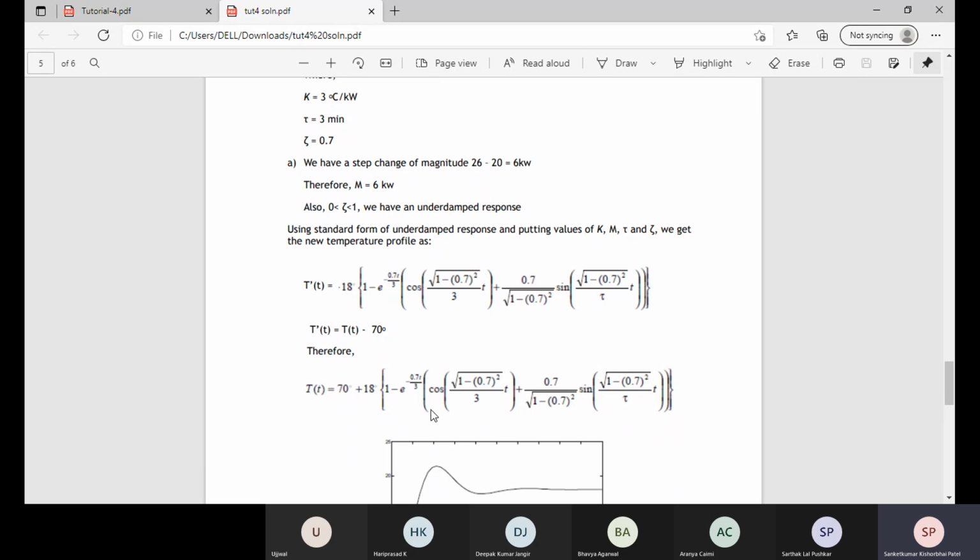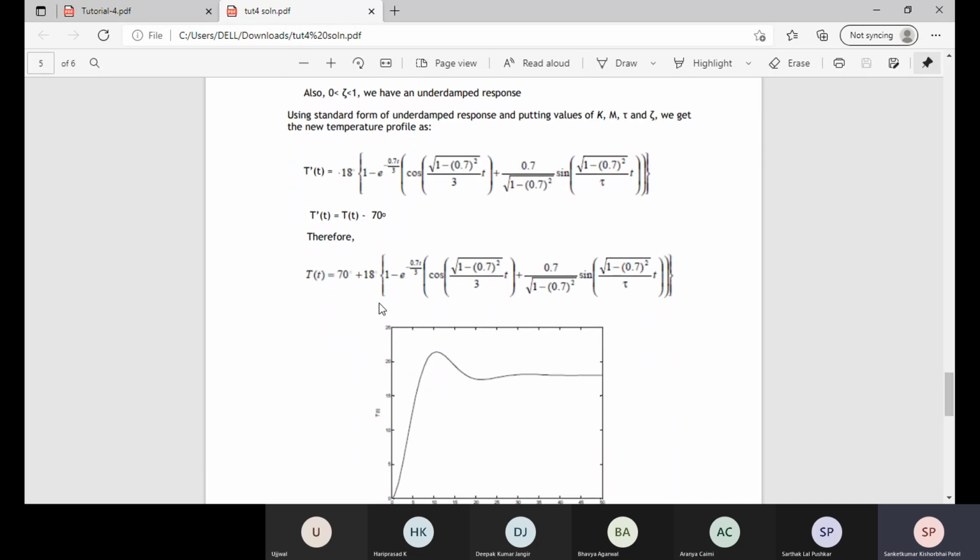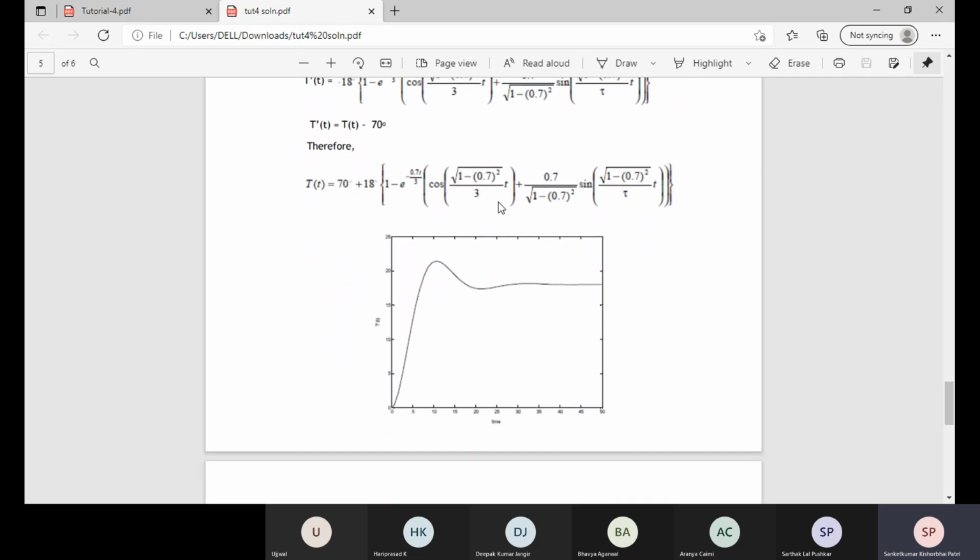So we have an equation like this, and since it is in terms of deviation variable, and deviation variable is the value at any time t minus the steady state, and here the steady state value is 70 degrees Celsius, we obtain the temperature equation in terms of time. So at any time we can find the corresponding temperature.